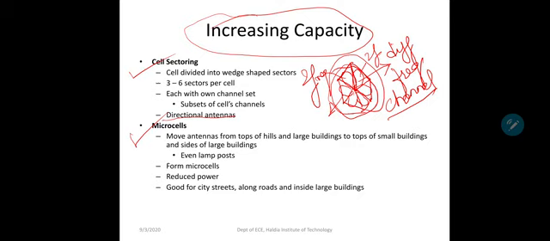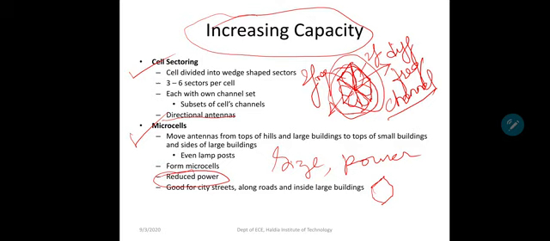So in this case, we are reducing the power associated with each base station or BS. In order to do so, we are reducing the size of the antenna and we are reducing the power. When we reduce both, the cell area decreases drastically.